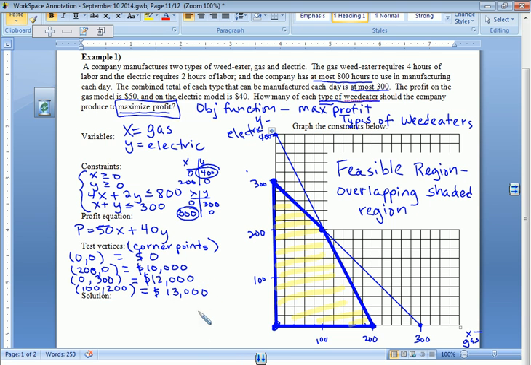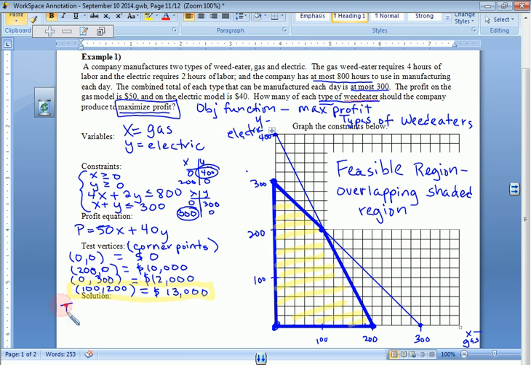Good. So if we produce 100 gas and 200 electric models, we would have a profit of 13,000. Well, guys, this is the optimal solution, isn't it? Because we wanted to maximize our profit.